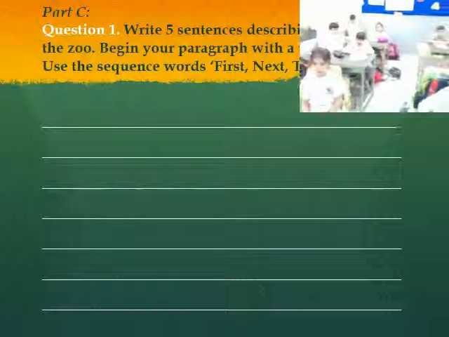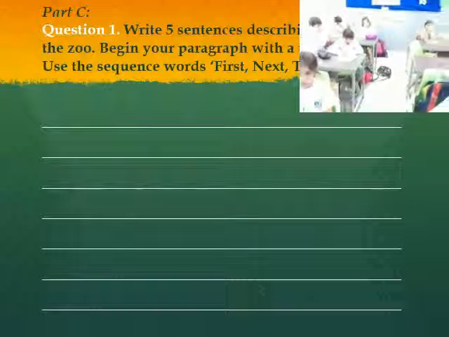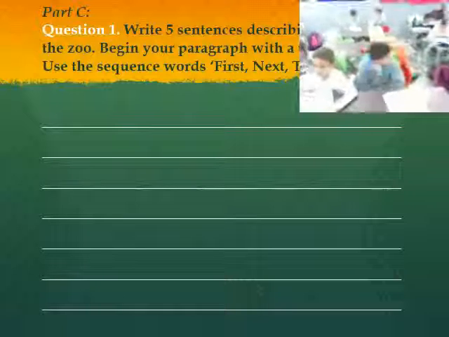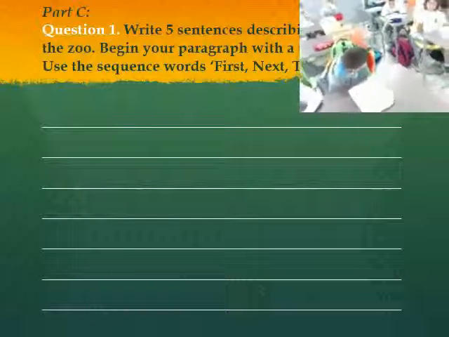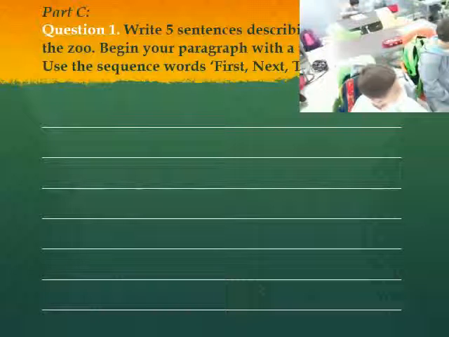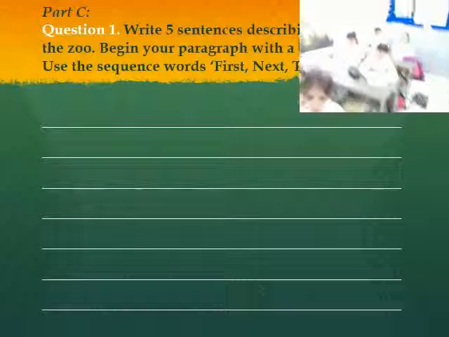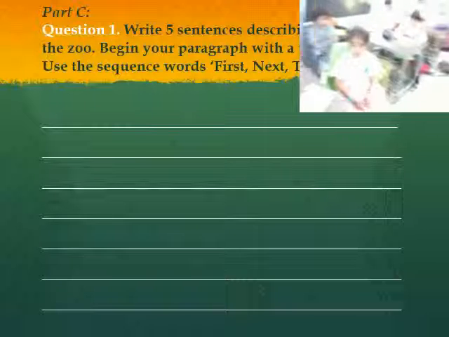You can also replace it with finally if you know the word. So we have to write about what we did, or how we will spend the day at the zoo. Let's start with the topic sentence.